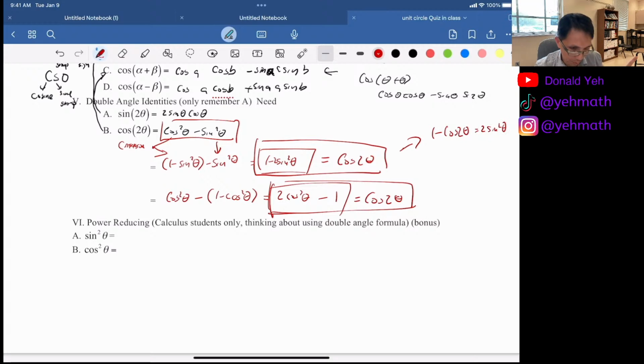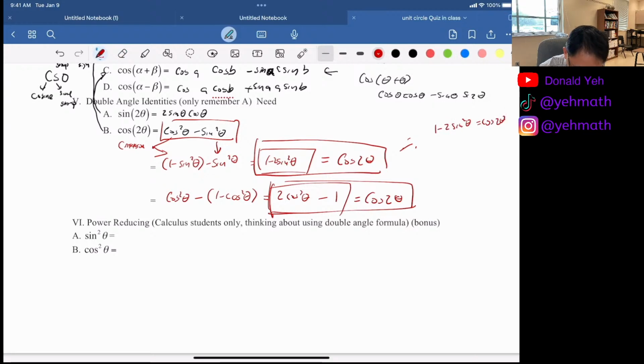Does that make sense? I just moved one side to the other side. Okay, sorry, let me do it one step at a time, it seems like you guys are lost. So 1 minus 2 sine square theta is equal to cosine 2 theta.